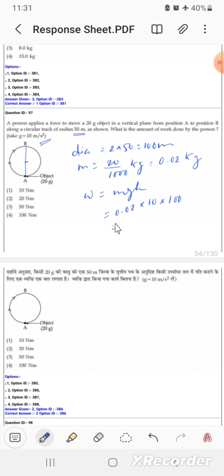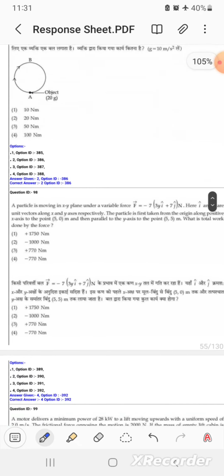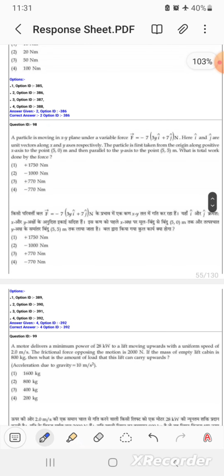So ultimately we are getting 20 newton meter. Work done will be 20 newton meter. The second option is the correct one. These questions are very basic in nature, one of the easiest questions that we are getting in KVS.